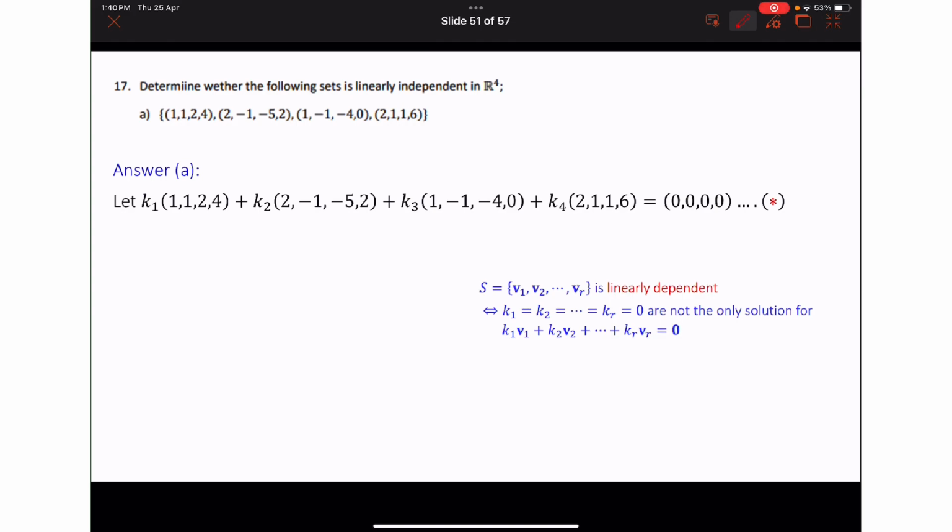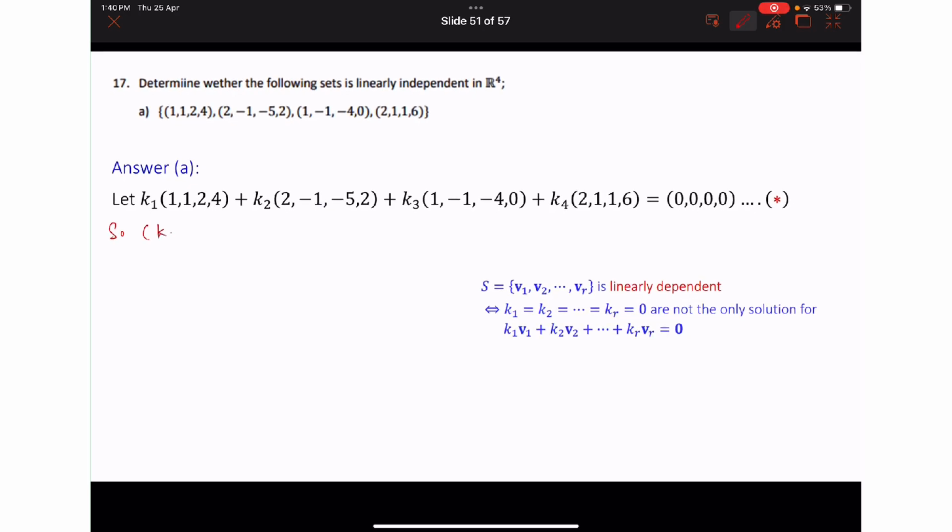We simplify the left hand side, where we end up with the first component K1 plus 2K2 plus K3 plus 2K4.